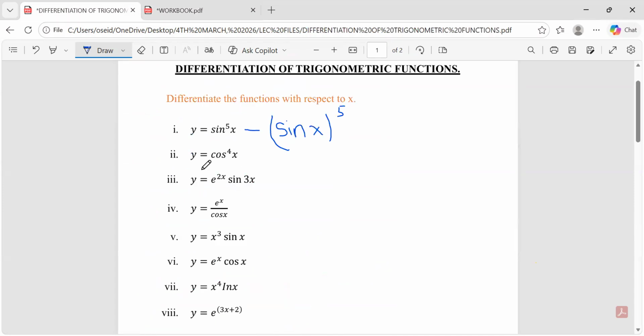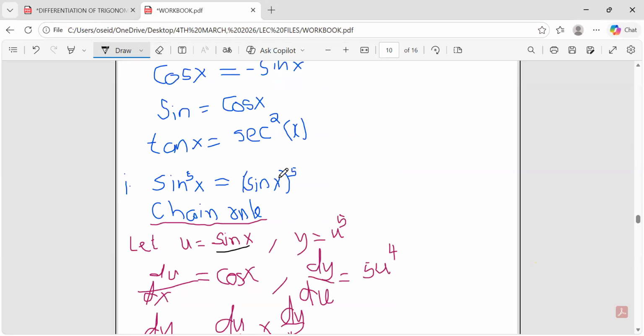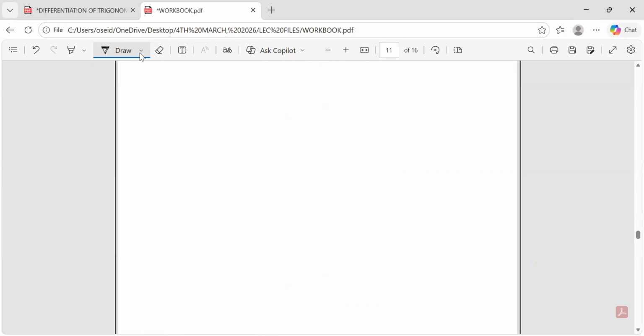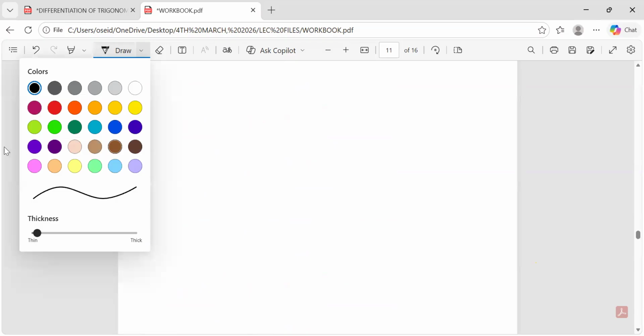So the next question says cos 4x, which is the same as bracket cos x exponent 4.